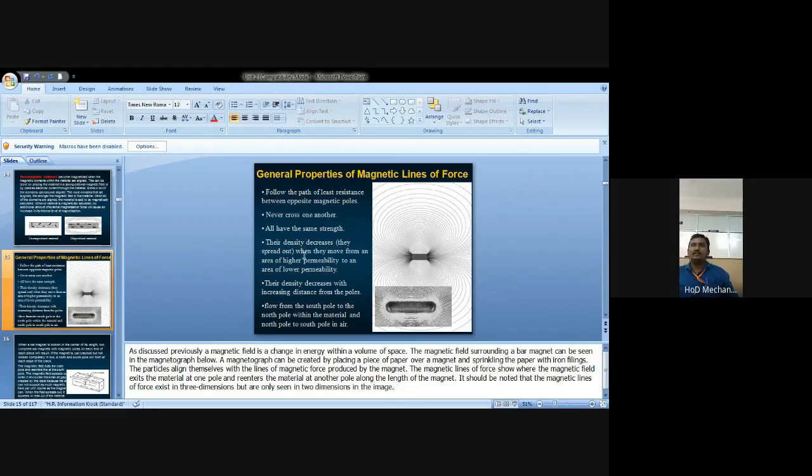Their density decreases when they move from an area of higher permeability to an area of lower permeability. Their density decreases with the increasing distance from the poles.